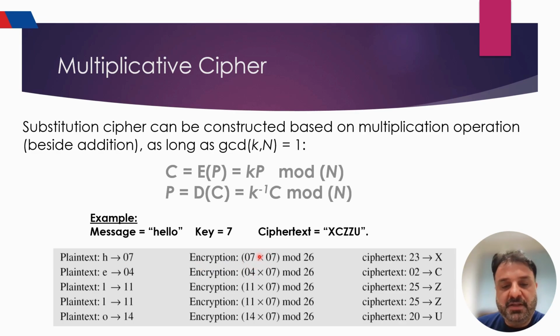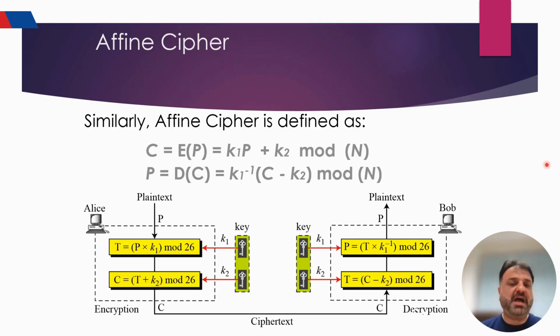Multiplied together, 7 and 7 is 49. 49 mod 26 is 23, and the result is X. Then E is 4. 4 multiplied by 7 is 28, and the ciphertext is C. And for the others we have XCZZU here. So the ciphertext would be XCZZU.